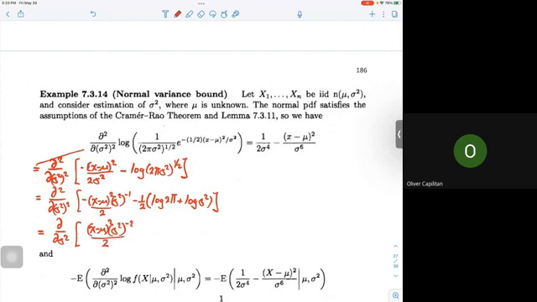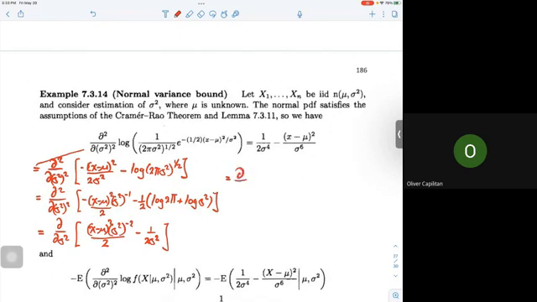And then for the other expression, the derivative of a constant will just be 0, the log. So we have negative 1 over 2 sigma squared.